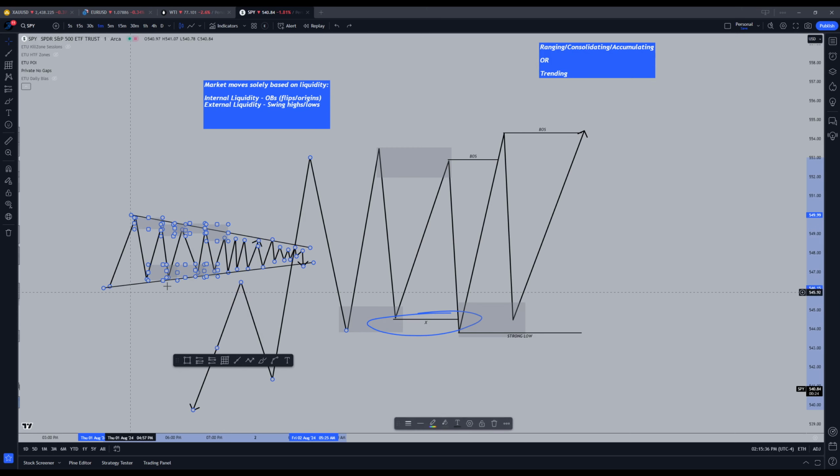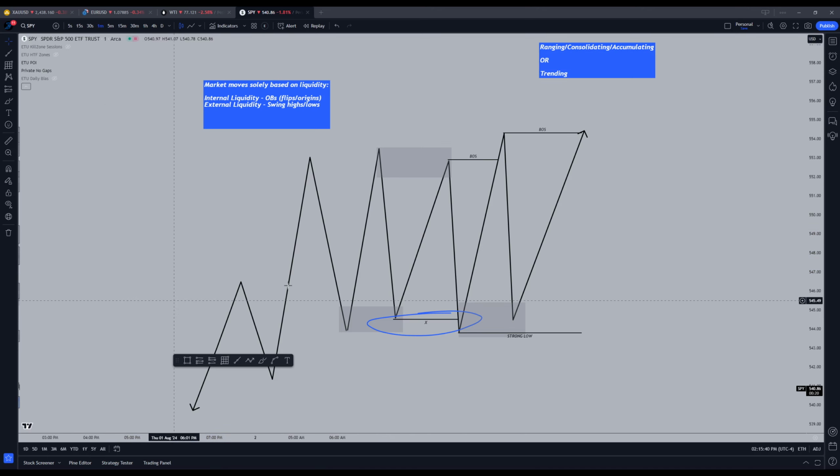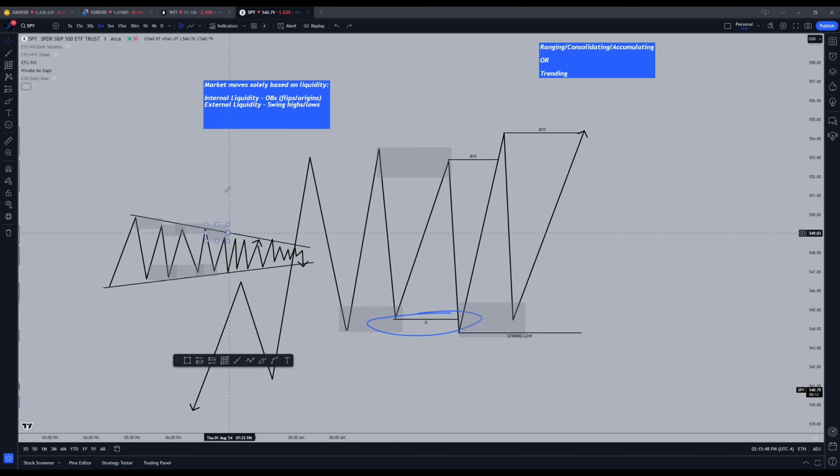The market is typically going from internal to external, if in trend and in a range, and you go from external to external, or a combination of the two. And typically what I also like to apply to ranges, knowing and understanding that we cannot continuously go from internal to internal forever.